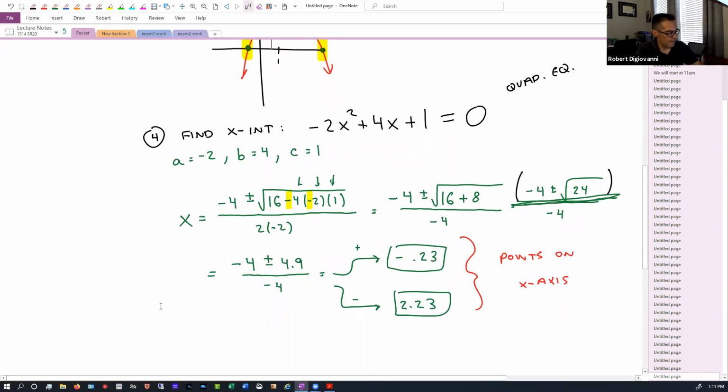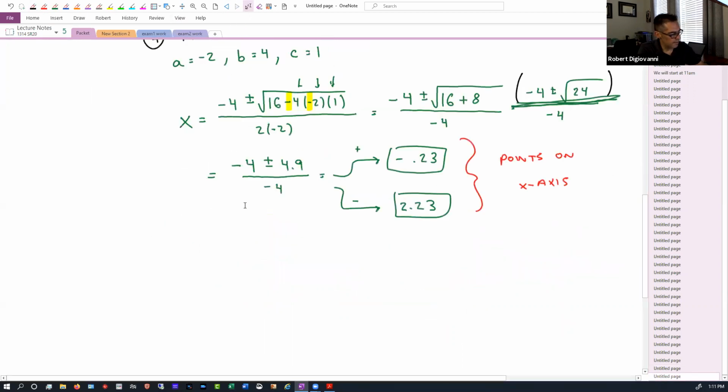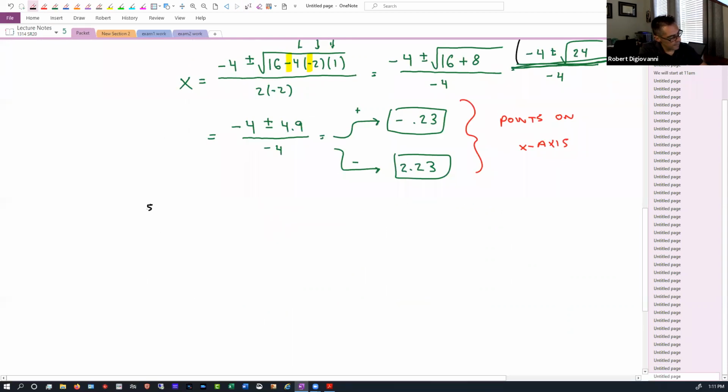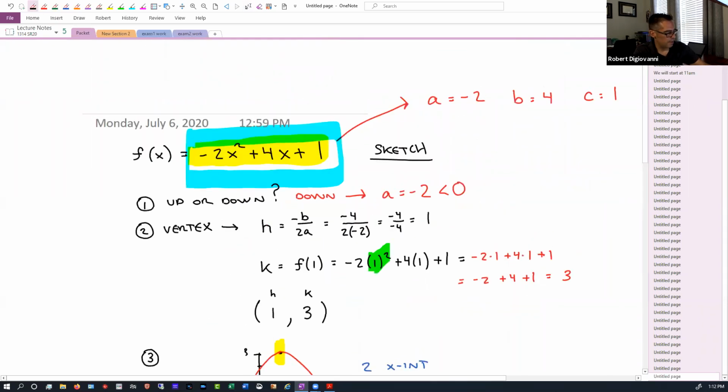This is step 5. Find the Y-intercept. So the Y-intercept is actually the easiest to get out of all the things we've done, because all you have to do is plug 0 into the function. So that means you're going to go to the function, which was up here, this thing in blue.